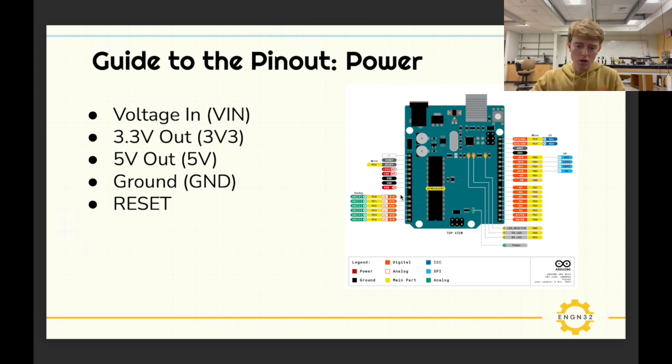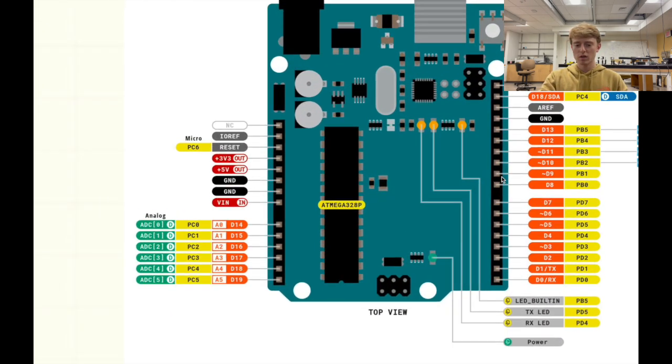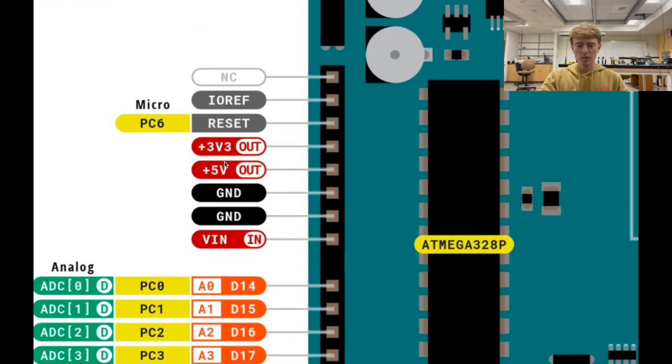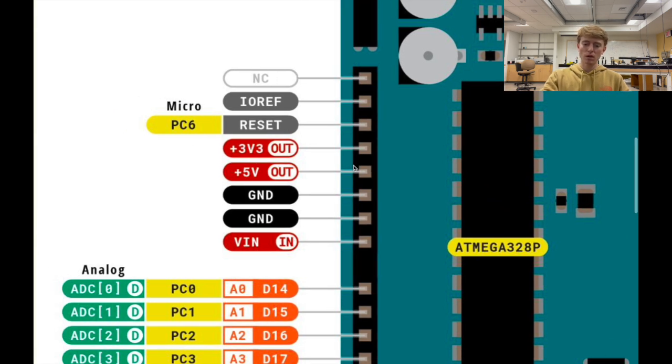All right, so this is really just going over the same stuff that we did before, but I'm gonna zoom in on this again and go over it more slowly now. So this area is all about power, okay? So we've got our 3.3 volt out. So when I power my Arduino, I have an easy access to a 3.3 volt supply now, okay? So I can take a pin from that 3.3 and power something else with it, okay?